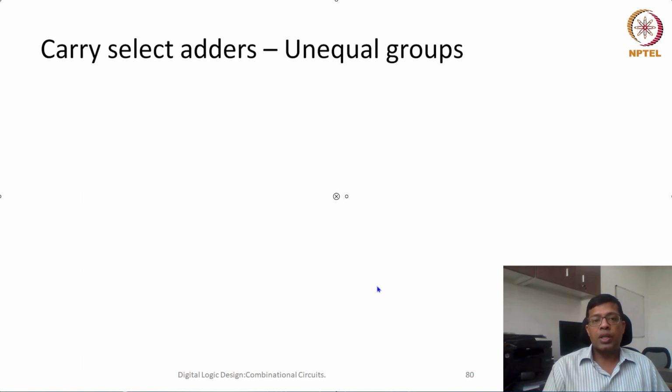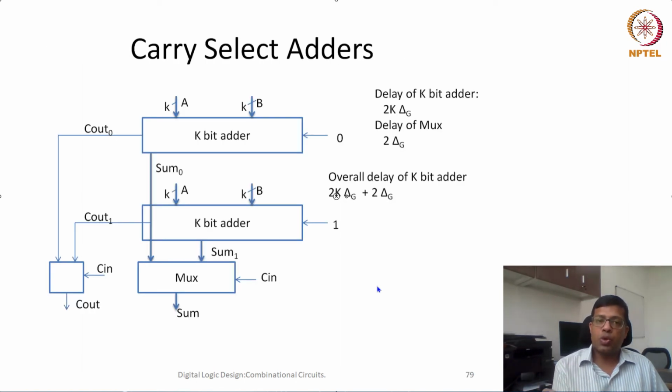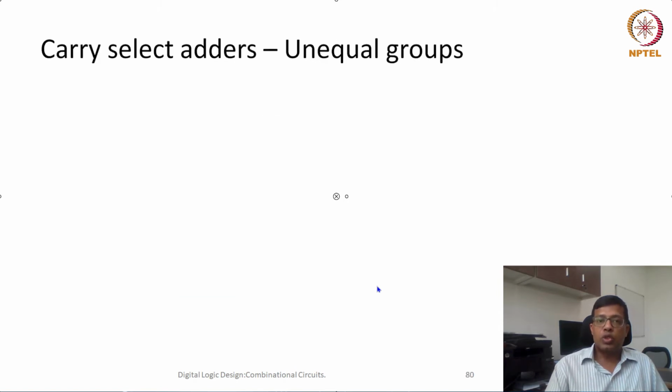Okay, so that means we are creating sort of groups. One group uses a k bit adder, another group uses a k minus 1 bit adder, and so on and so forth. This delay is selected in such a way that the delay when the sum is there is equal for all the groups.